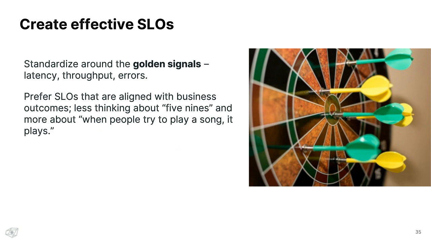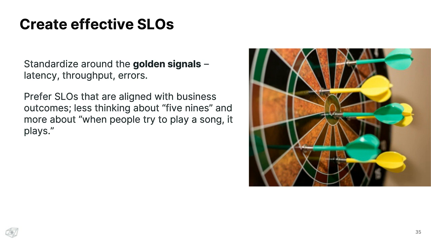The second piece of this is creating the right SLOs. Depending on the kinds of uses you're thinking about. If you're thinking about e-commerce, then signals around the time it takes to check out or the time it takes to provide recommendations might be pretty important.